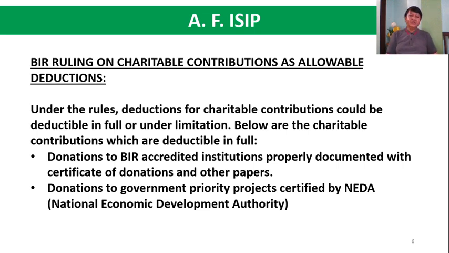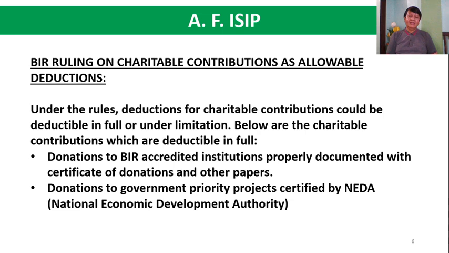Your company donated to the government for their projects, and that project is a priority of the government as certified by NEDA. If you donated 1 million to the government for their priority project, that donation is 100% deductible.